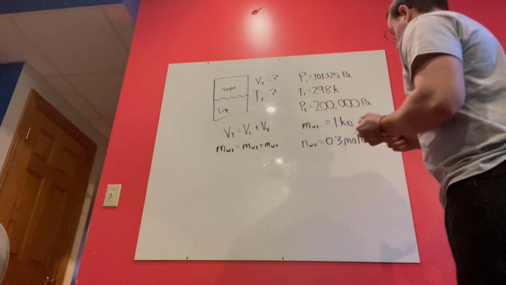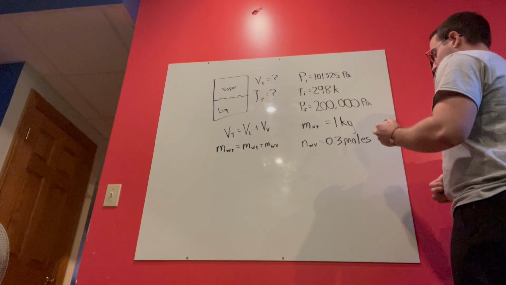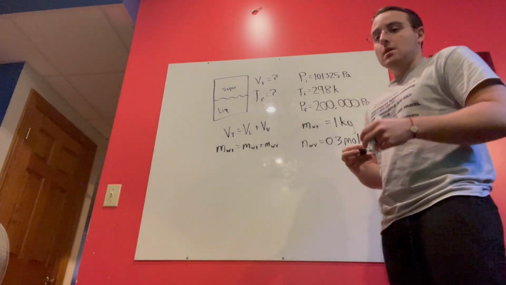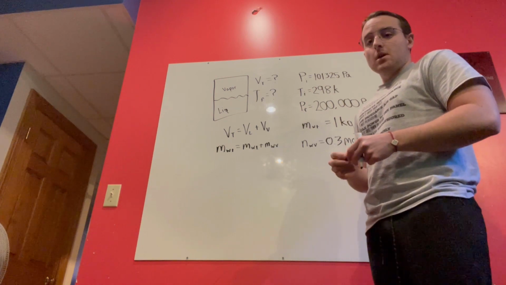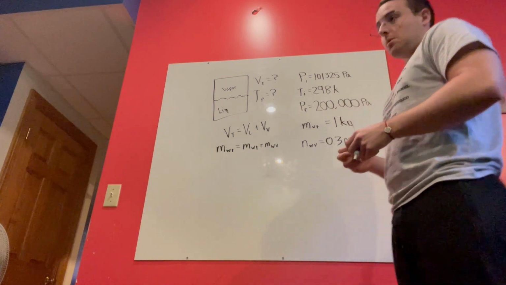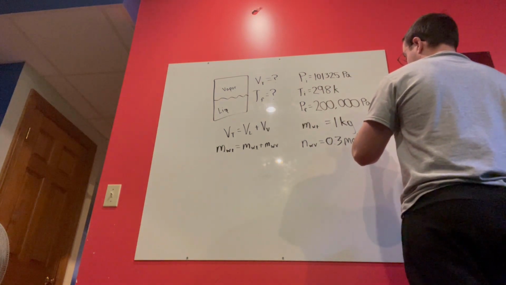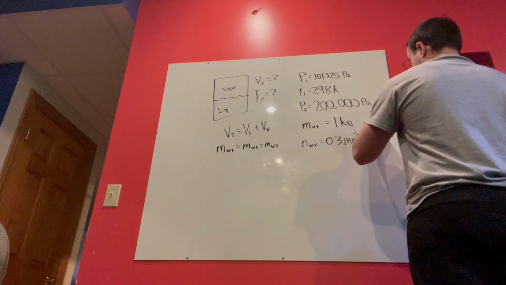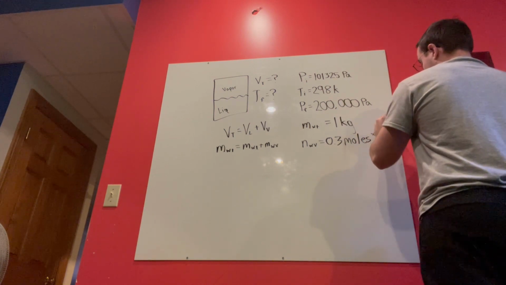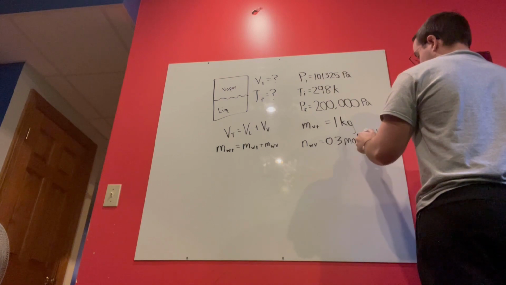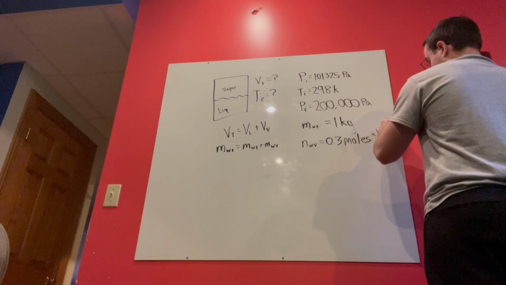And the molecular weight of water is 18.02 grams per mole, but we're going to convert that to kilograms, so we're going to multiply this by 10 to the negative third, and that is kilograms per mole.